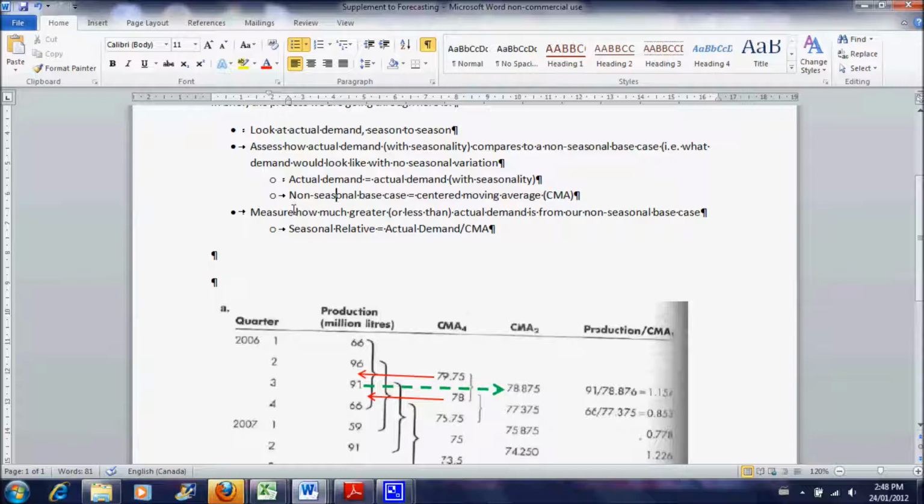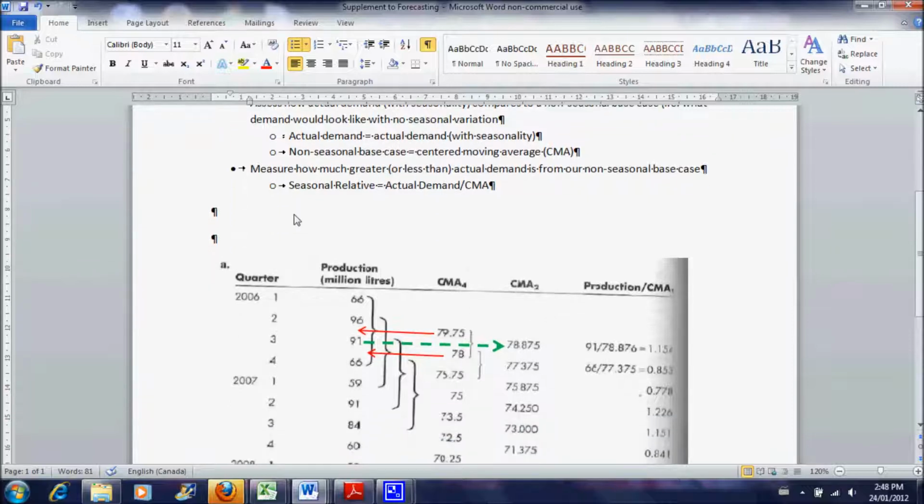And then the final step is we measure how much greater or less the actual demand is than our non-seasonal base case. We do that by calculating a seasonal relative, which is the actual demand divided by our centered moving average. You'll remember the actual demand has the seasonality incorporated in it.